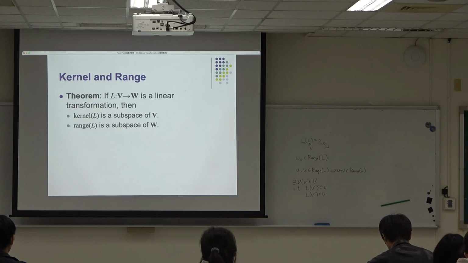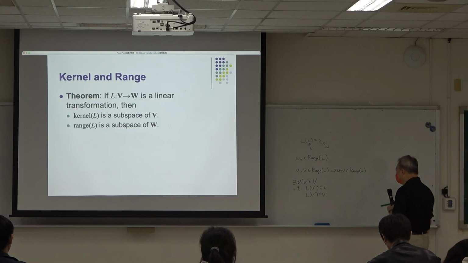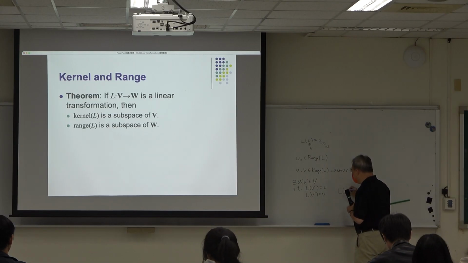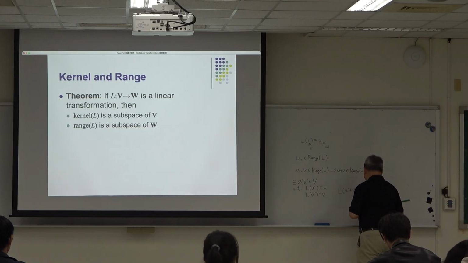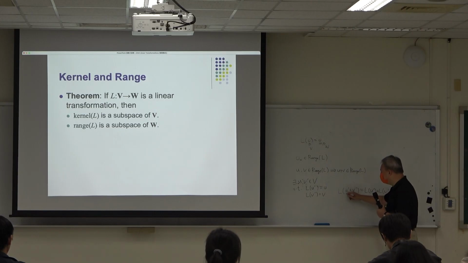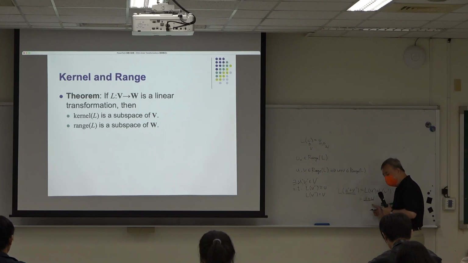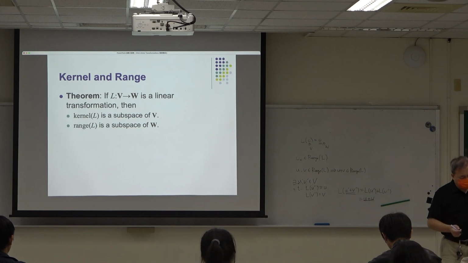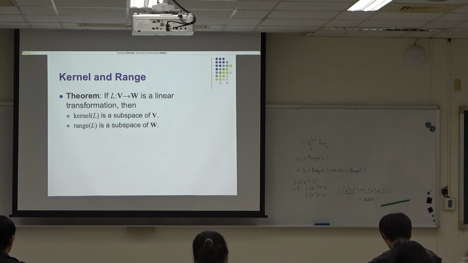We know L is a linear transformation, and L(U prime plus V prime) equals L(U prime) plus L(V prime), which will be U plus V. In other words, U plus V in W can be mapped by the vector U prime plus V prime in V. So we show that U plus V is in the range of L.